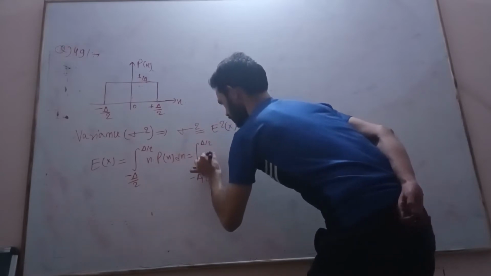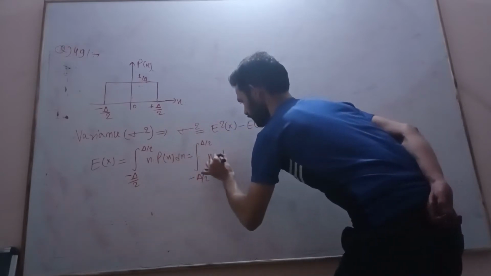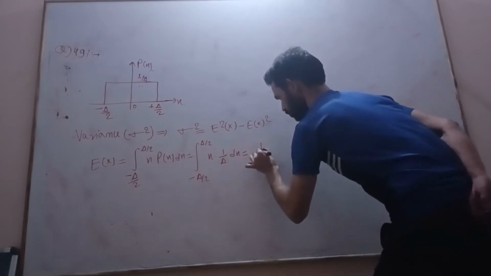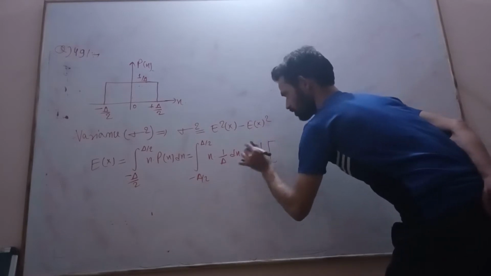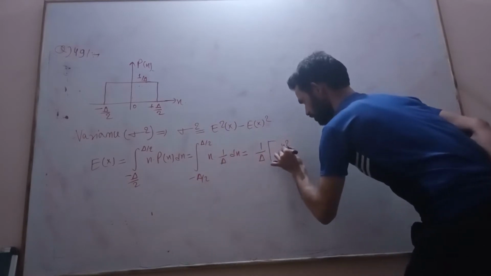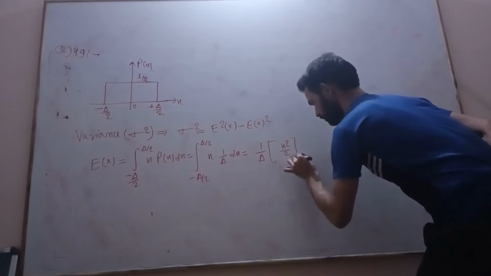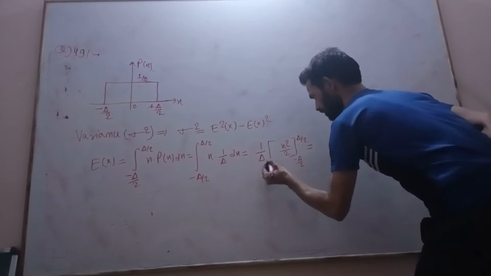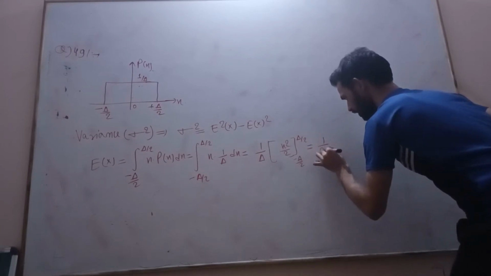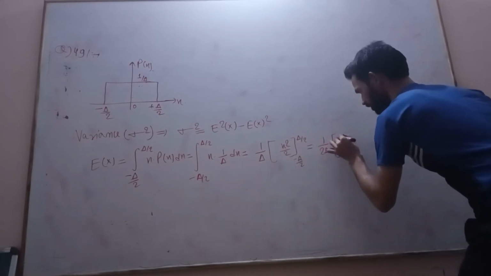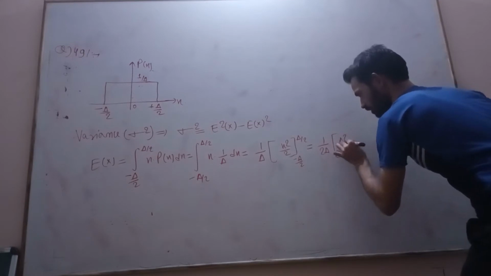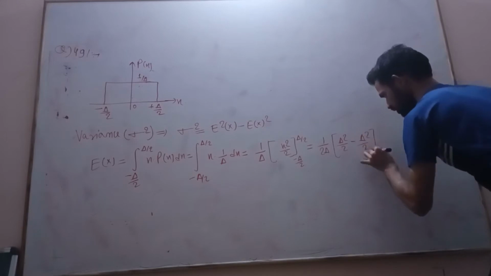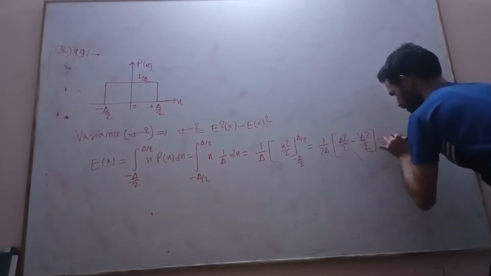That is 1 by 2 delta times upper limit delta square by 2 minus lower limit delta square by 2. This cancels out and becomes 0.